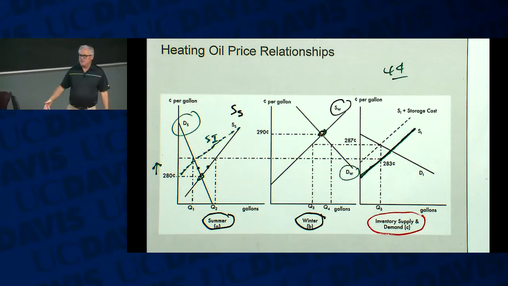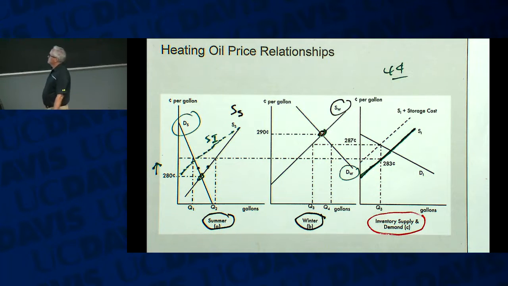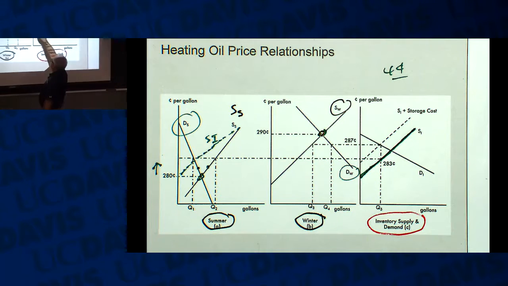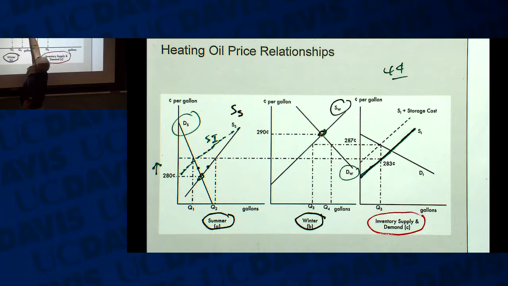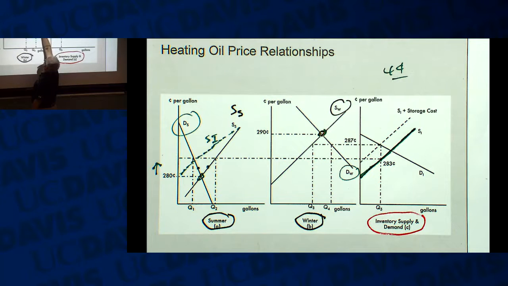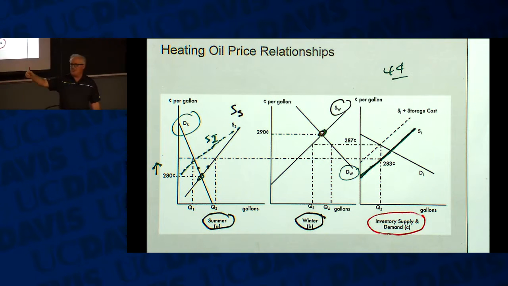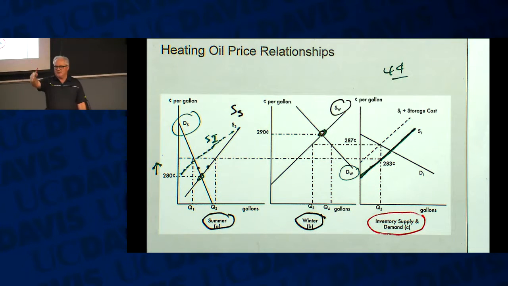Paul doesn't have any market, right? There's no demand for storage. But if that price falls below 290, then you see that there's a gap that opens up between demand and supply. At any price below 290, demand is greater than supply, and that's when they look for Mr. Gates and say, okay, we need some heating oil. Yes?